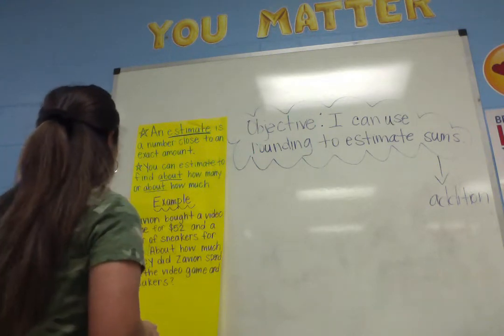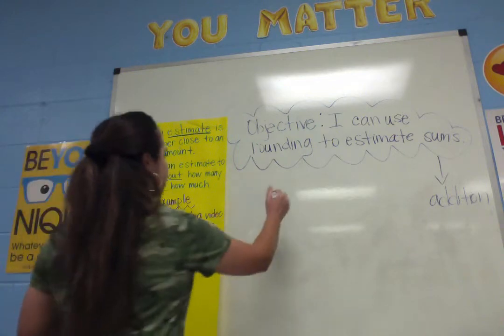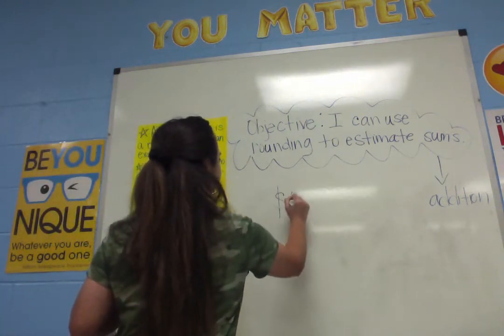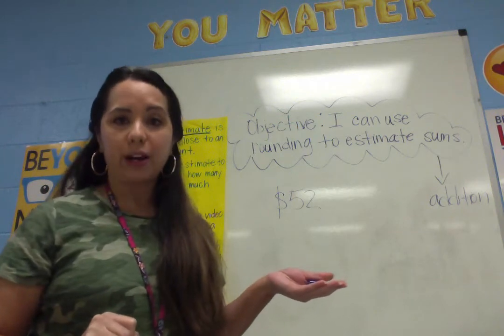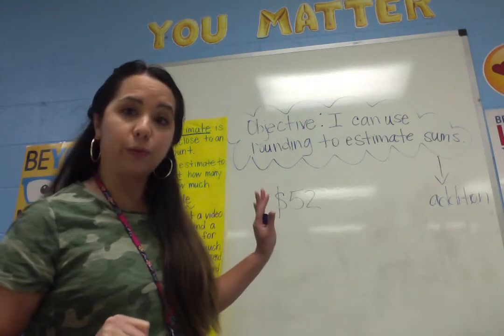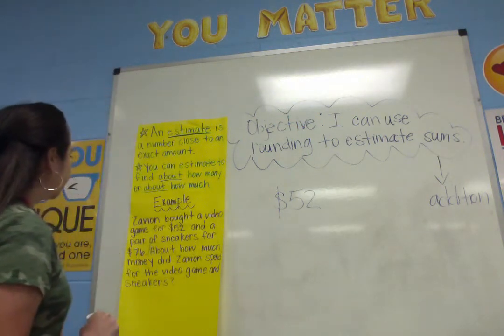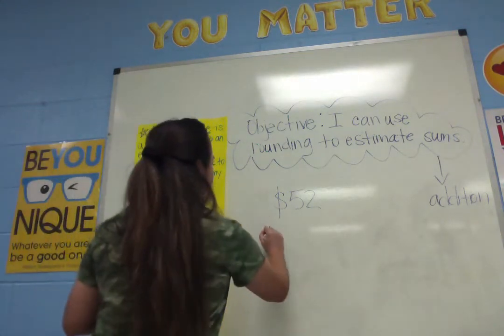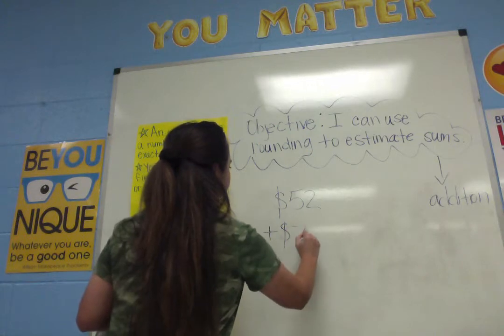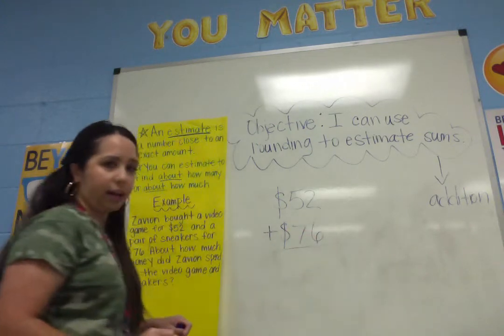Now, so we know Xavion bought a video game for $52. So when you're doing word problems, you want to write the original problem. So I know I'm going to add his video game, which costs $52, plus a pair of sneakers, okay?